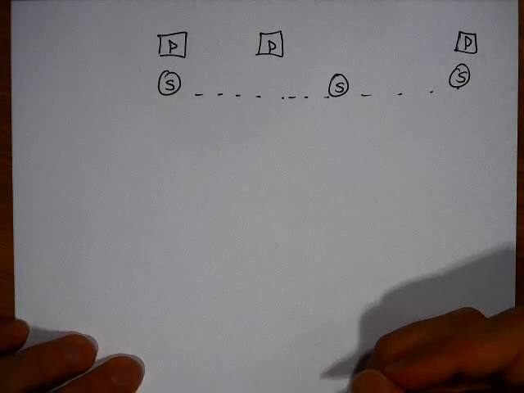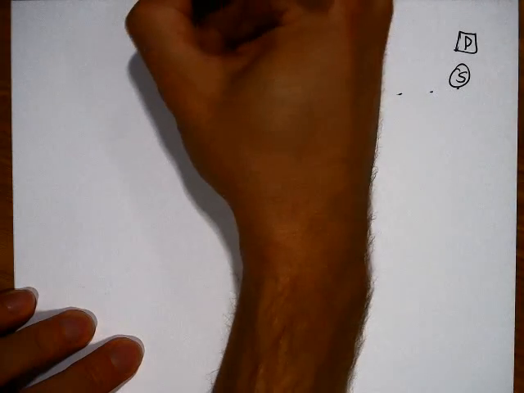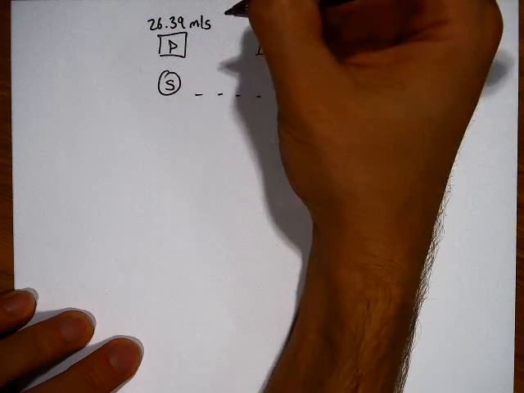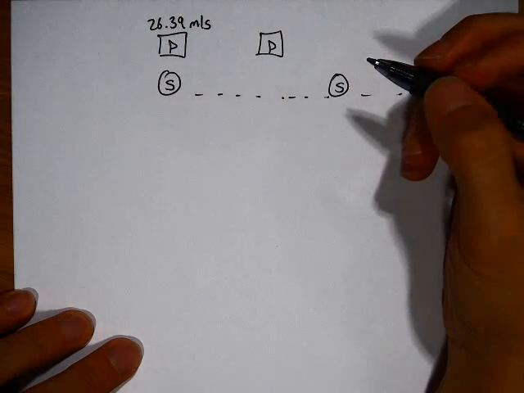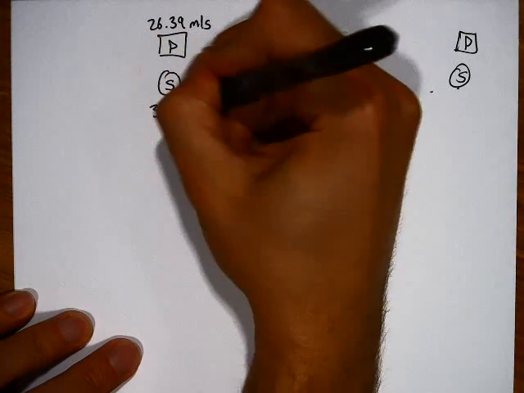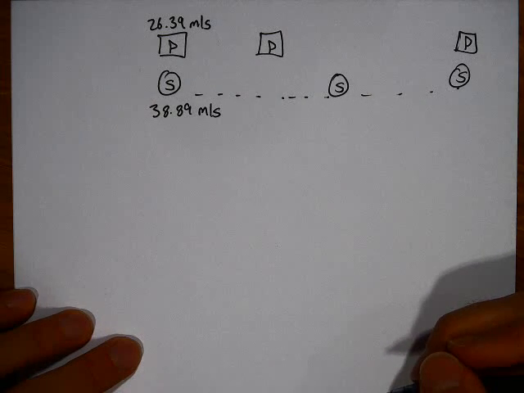And the policeman initially is going 26.39 meters per second, and the speeder initially is going 38.89 meters per second. Now what we're going to do is shift our perspective.